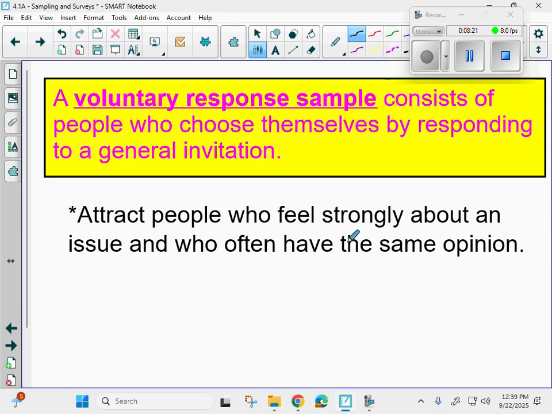If you're listening to a political talk show from one side of the spectrum and they ask people to call in to tell you their opinion, you're going to get the people who care and who align with that talk show, most likely. So any voluntary response is probably an overestimate because the people who actually care are going to call in or respond.